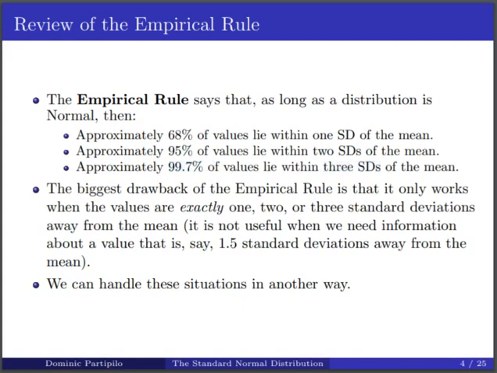But the biggest drawback of the empirical rule is that it only works when the values are exactly 1, 2, or 3 standard deviations away from the mean. We touched on that in the empirical rule video. For example, we wouldn't be able to say anything about something that's 1.5 standard deviations away from the mean. We can handle these situations in another way.